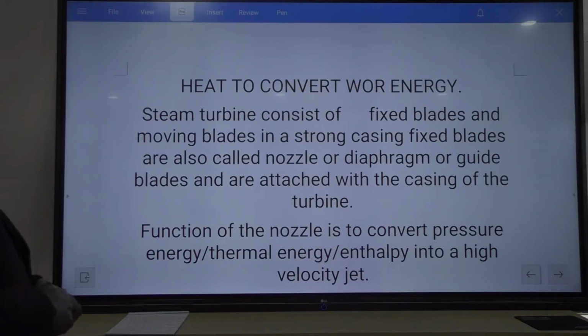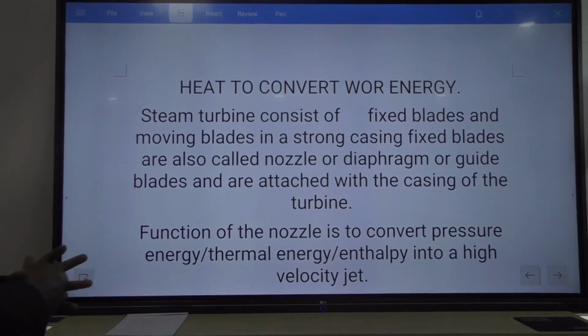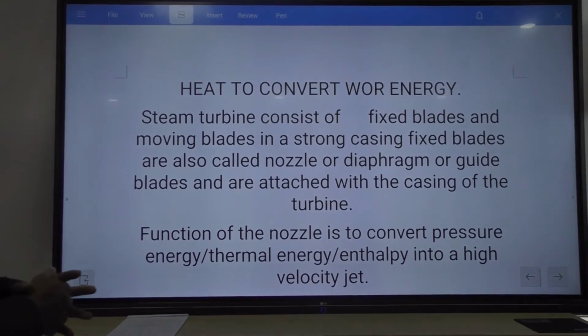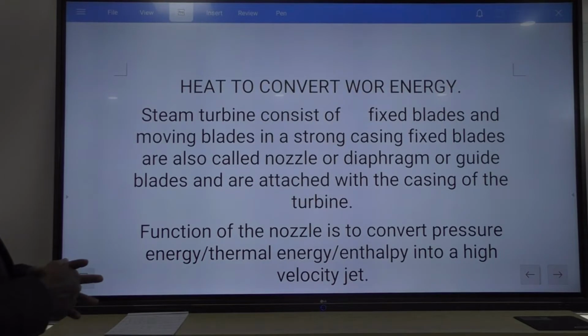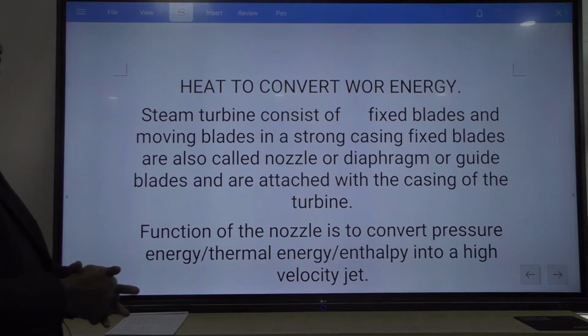The fixed blades and moving blades are located in a strong casing. Fixed blades are also called nozzle or diaphragm or guide blades. These are the different names of the fixed blades, and they are attached to the casing of the turbine. Remember, the fixed blades are attached to the casing.